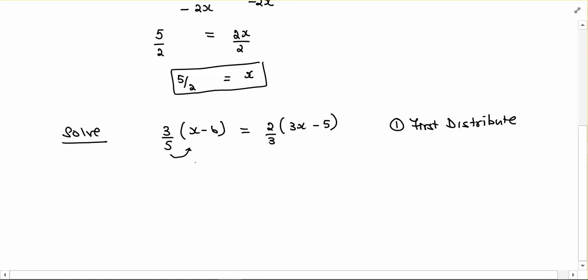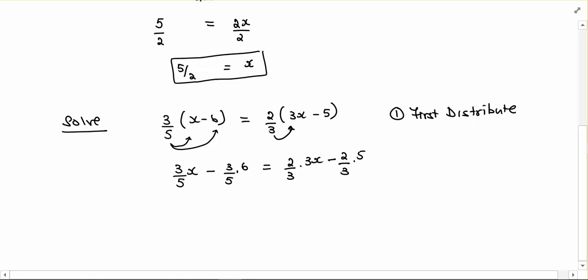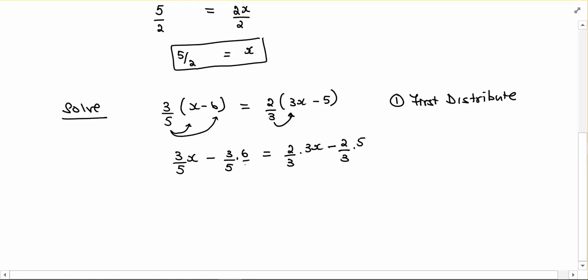So it's 3/5 times x minus 3/5 times 6. Now I don't try to do the multiplication and distribution all in one step. I spread it out because I know I'll make a mistake otherwise. So I just write the distribution step, and I'll go ahead and multiply these fractions.